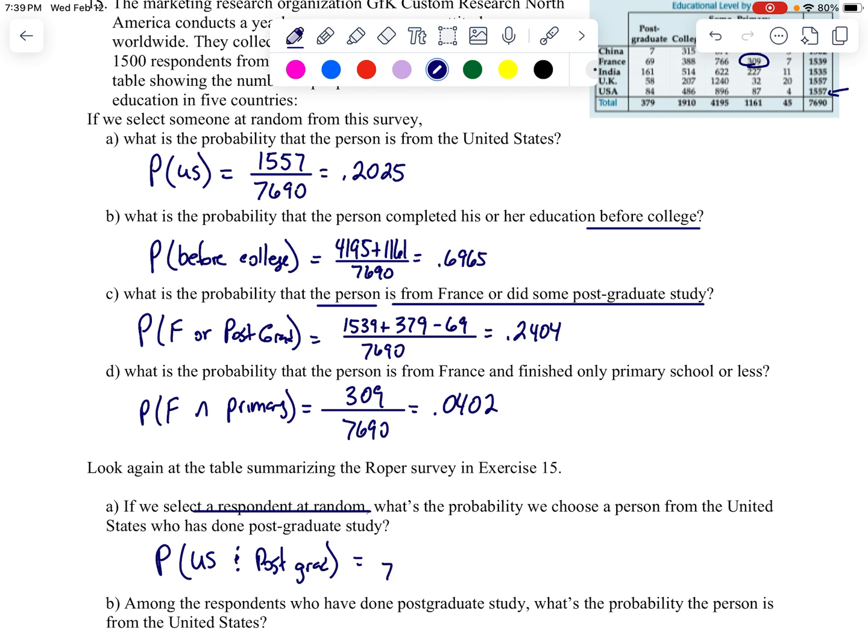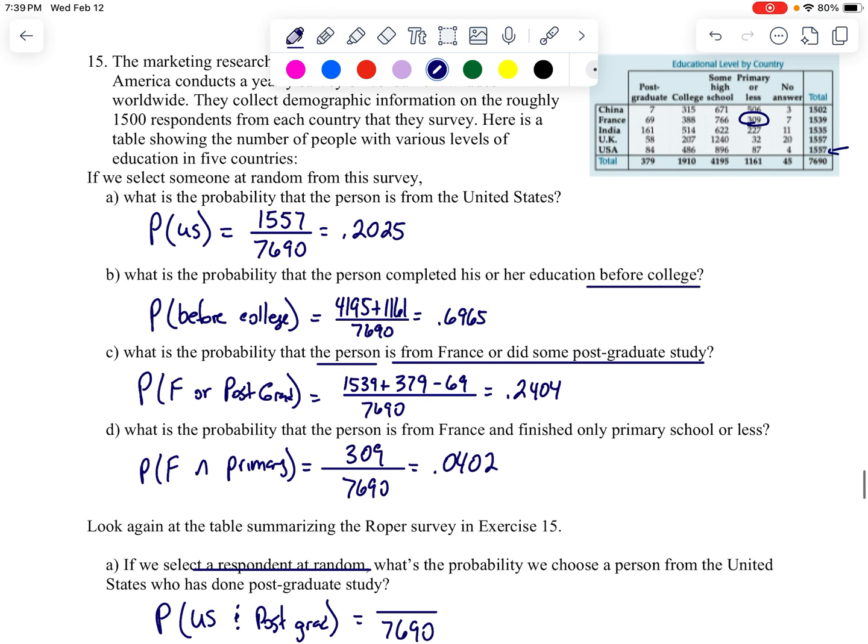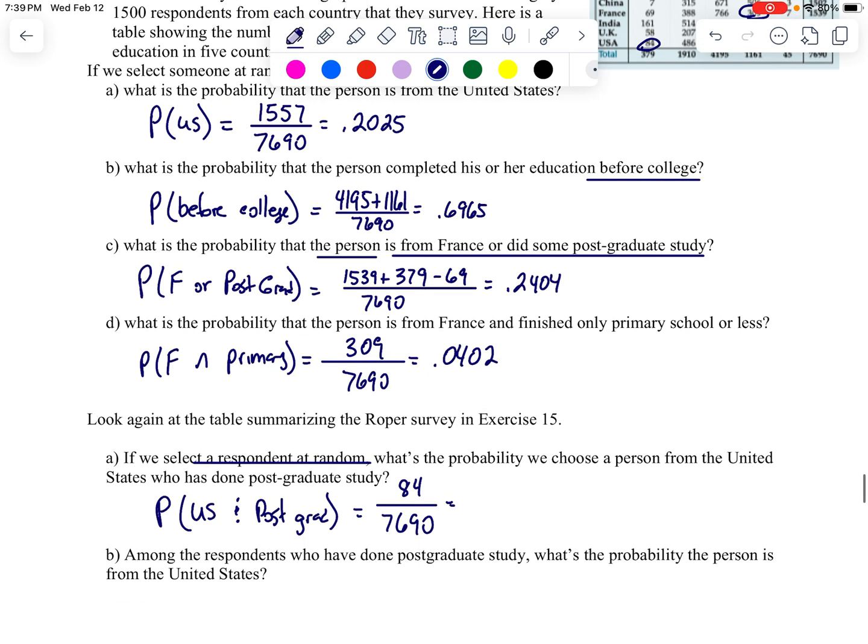Again, a respondent at random. So that means that we're still doing 7690. I thought we were moving on, so there was my confusion and my pause. If we go up to that table, if we're looking for USA and postgrad, there's the 84 that we're talking about right there. So this is 84 out of 7690, and we're going to round to 0.0109.